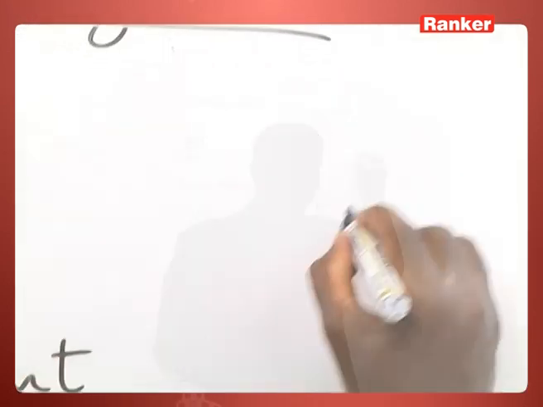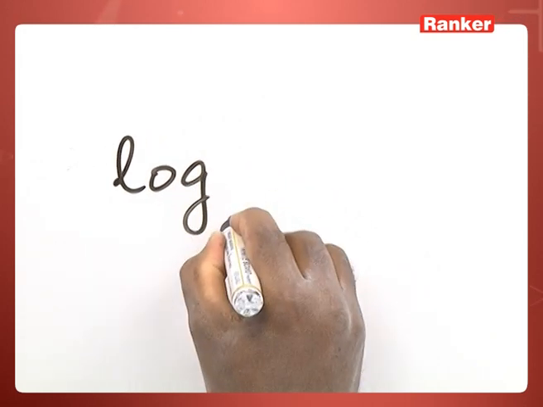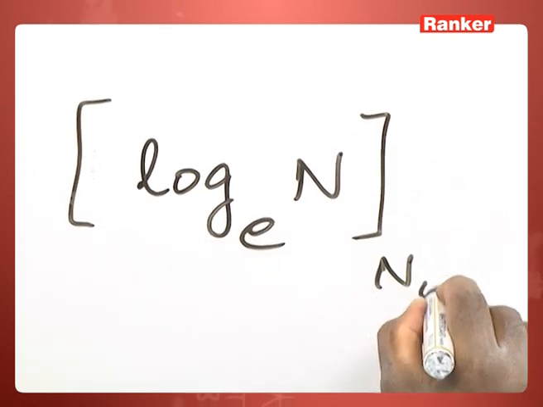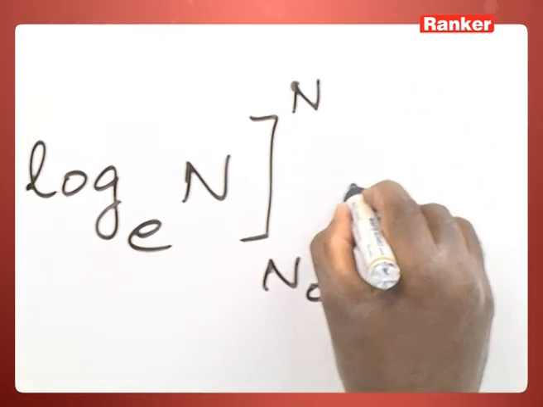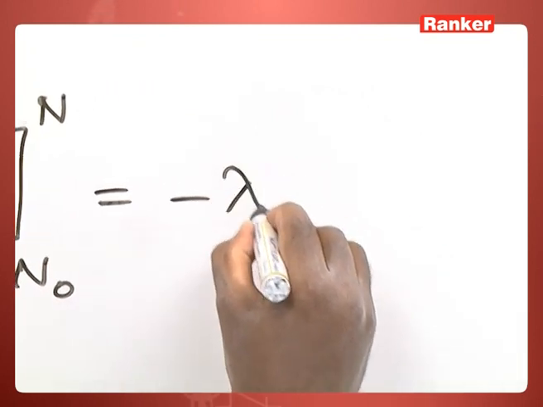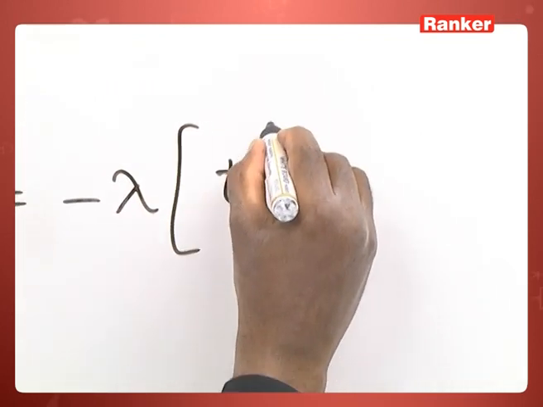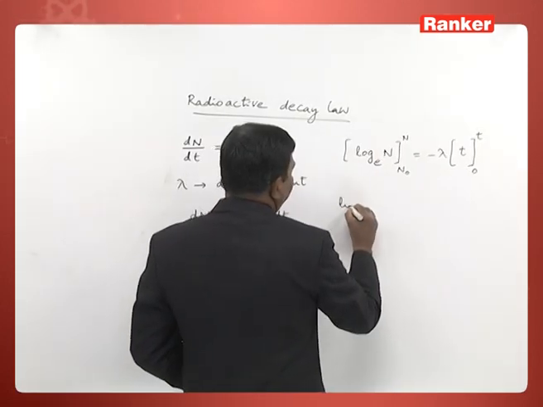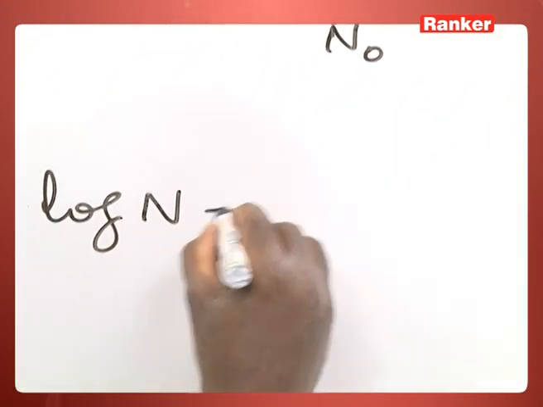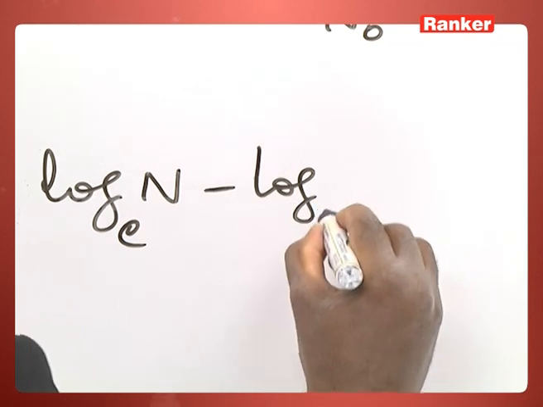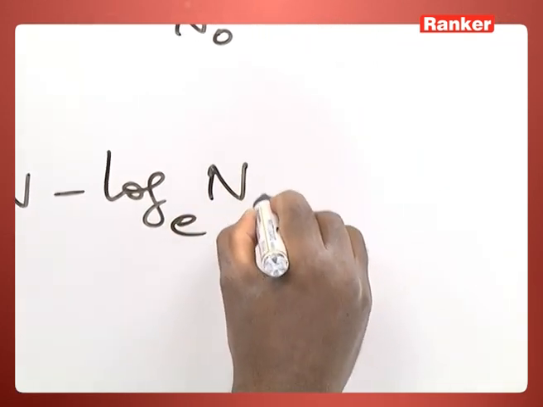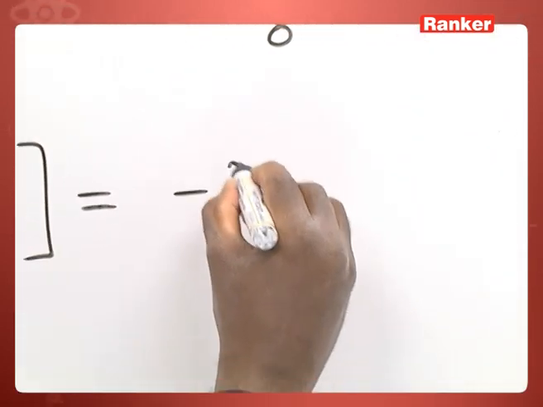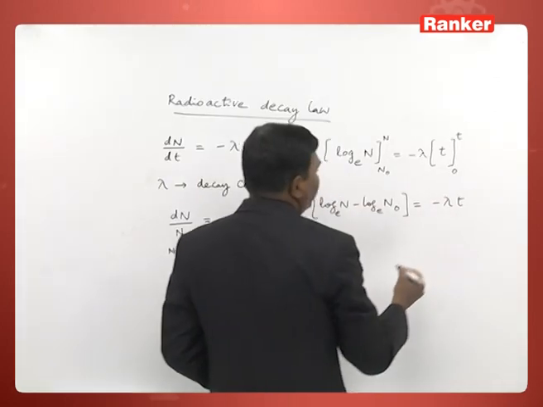On integrating, we will get the expression log base e N, with limits N naught and N, is equal to minus lambda times the integration of dt, which is t, with limits 0 to t. Proceeding further, this is nothing but log N, and on this side you will get minus lambda t after substituting the limits t minus 0.